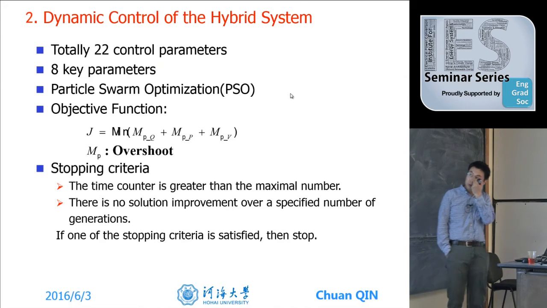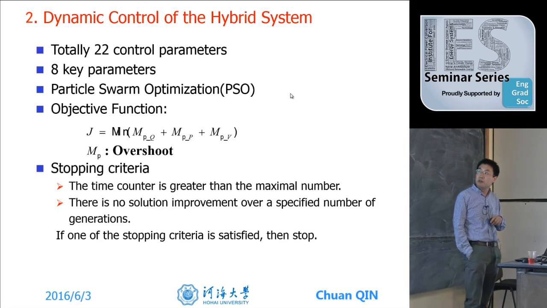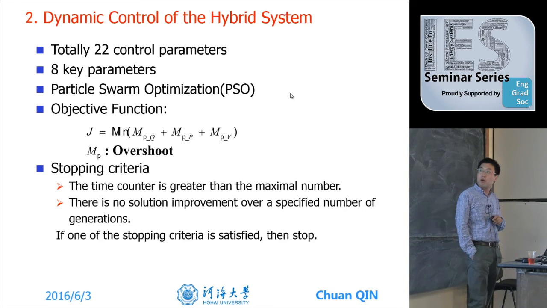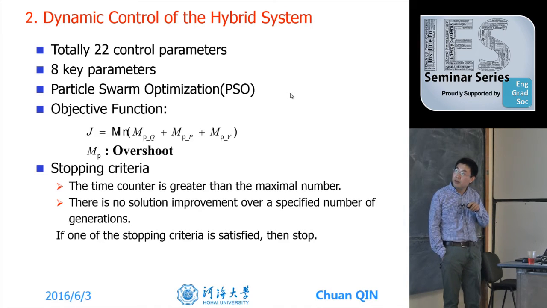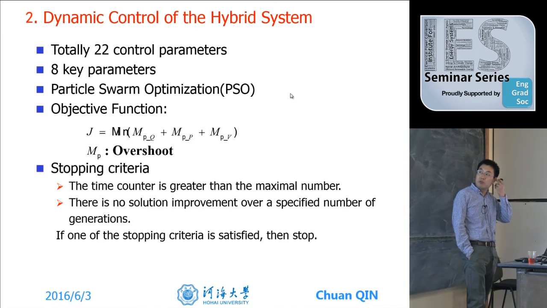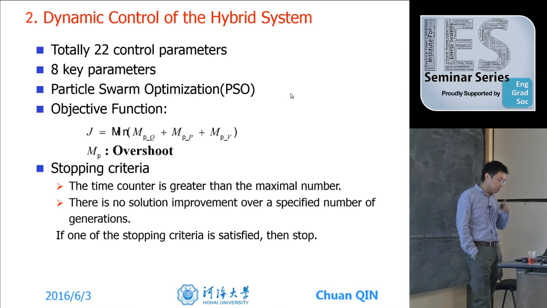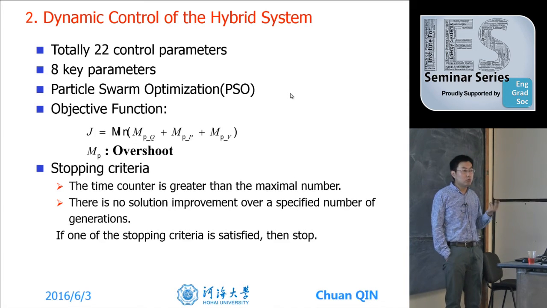So now we have a total of 22 control parameters and 8 key parameters. We use a PSO algorithm to optimize the 8 key parameters. The objective function is to minimize the overshoot. And there are 2 stop conditions.